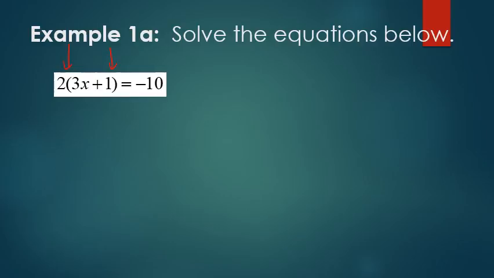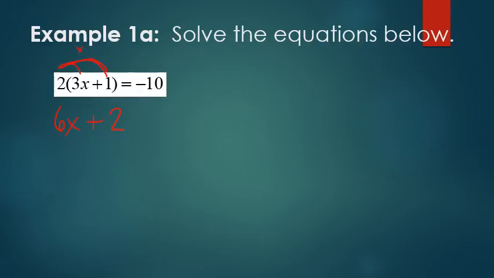If you forgot about distribution, all you need to remember is that it's nothing more, nothing less than taking this front number, 2, drawing 2 lines to everything that's inside the parentheses and multiplying those terms together. So 2 times 3x, that first line that I drew, gives me 6x. Boom, there's my first distribution step done. Second step is taking that second line, that 2 times 1 gives me a positive 2.